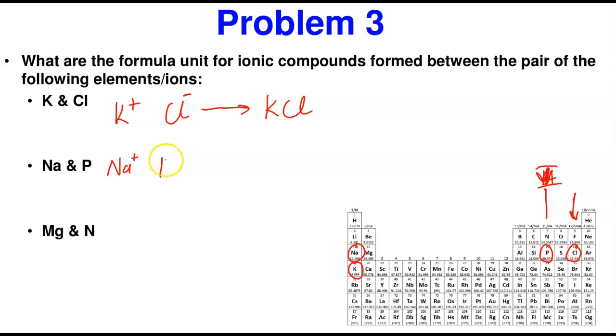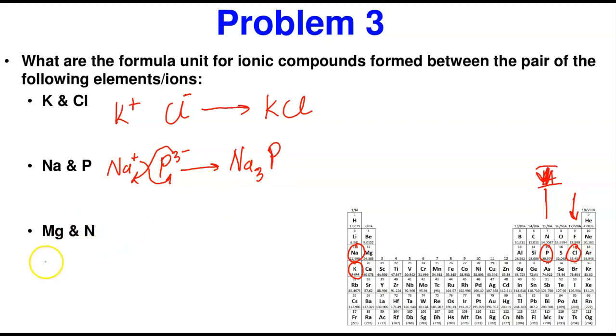It's going to be P3 minus. Now we transfer the charges. If you transfer the charges, this 3 is going to go here as a superscript, and this 1 is going to go here. So what would that give you? That simply gives you Na will become 3. Since this is 1, you don't need to put it. So this becomes the formula of that compound.